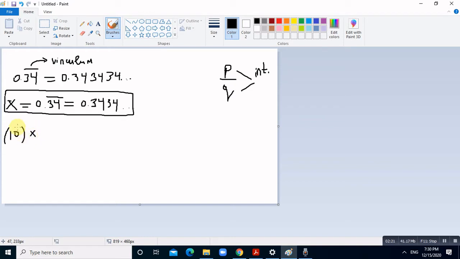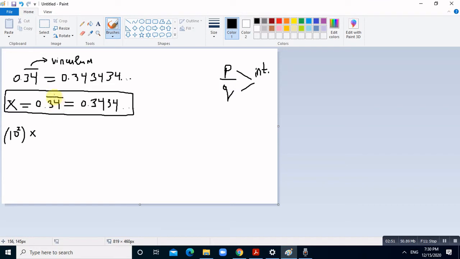And then also, over here, I'm going to add a certain power, depending on how many repeating numbers are in this repeating decimal. For example, here we have two repeating numbers. So this 10 would be raised to the power of 2, because over here there are two repeating numbers.